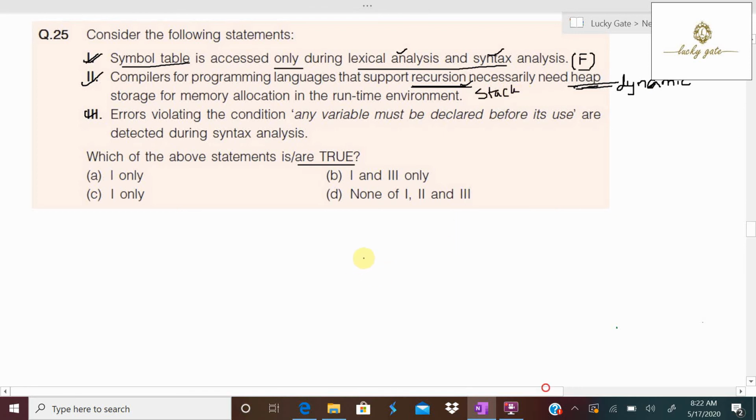As an example, suppose I have a main function, and main is calling function A, A is calling function B, B calling function C, and so on. So how does this program execution happen? First, execution starts with main.